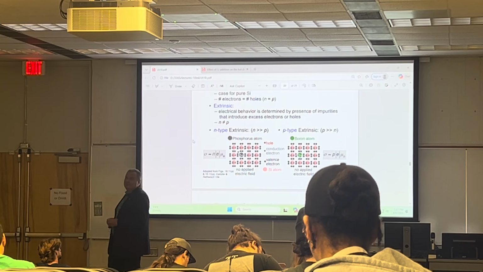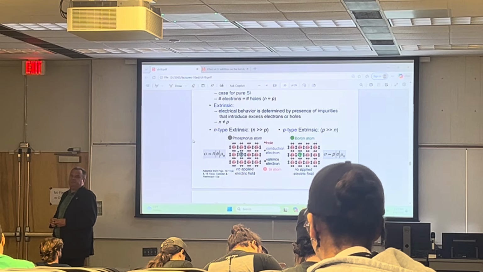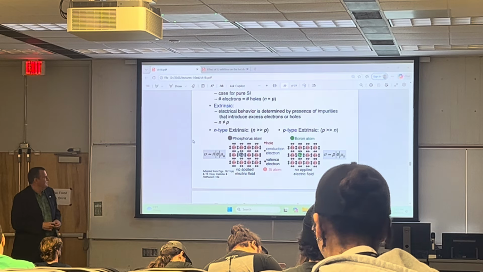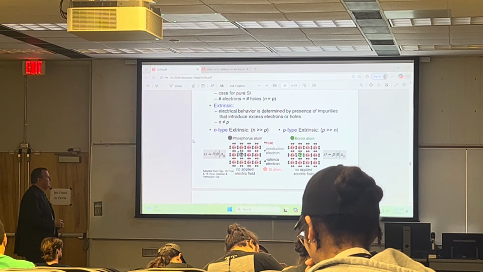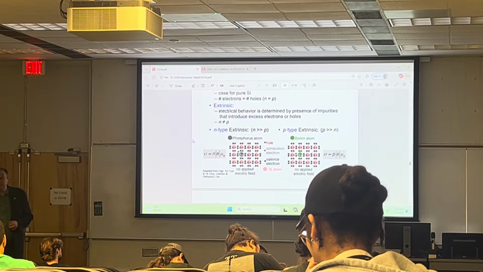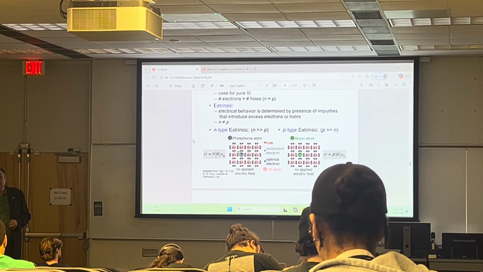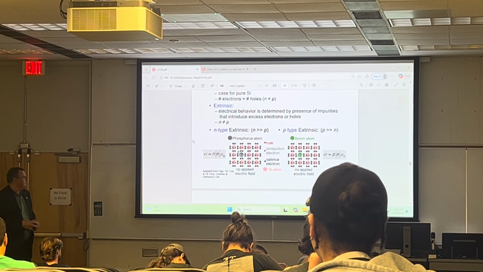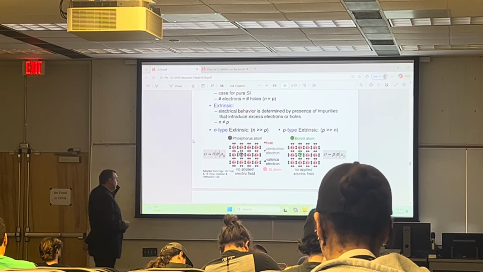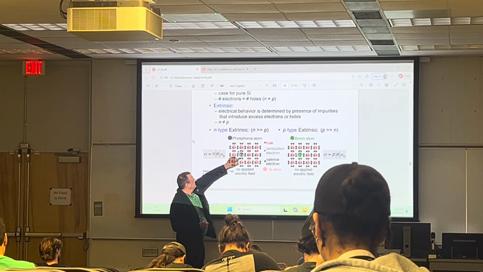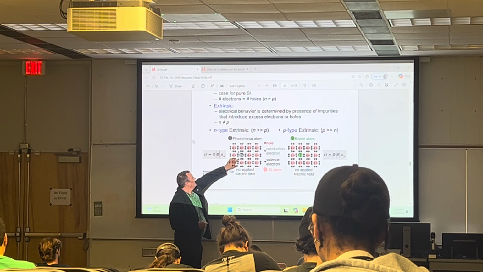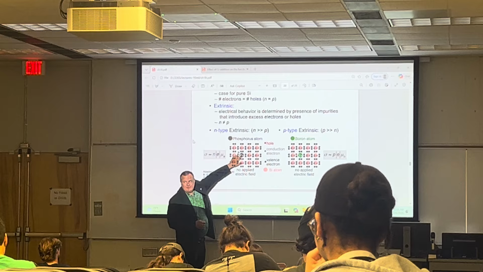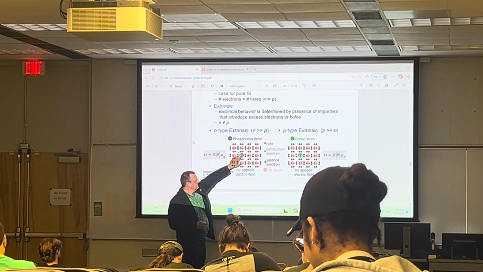And for n-type, we dope with phosphorus. For p-type, we're doping with boron. And if you look at the electron structure of both elements, you're going to see that phosphorus has 5 electrons. So this is 5 plus.